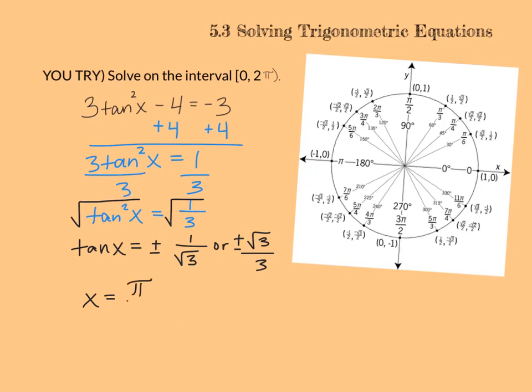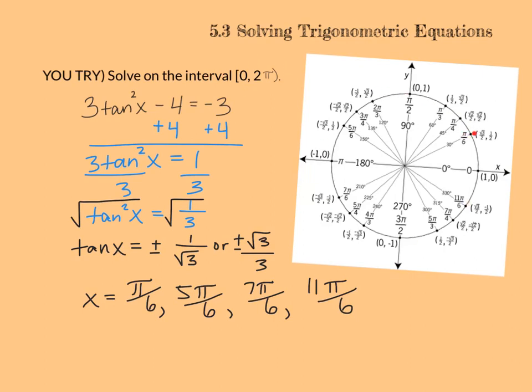Our pi over 6, 5 pi over 6, because again, we're looking for when the tangent's positive or negative when we took the square root. Our next radian measure that works is 7 pi over 6 and 11 pi over 6. Again, we don't have to add plus 2k pi because we're only asked to find answers on this interval and not like infinitely, right?